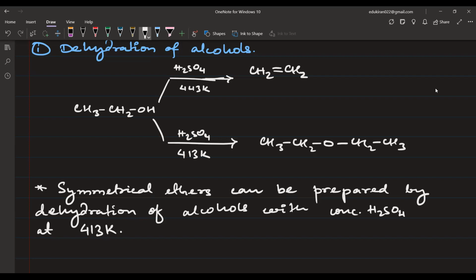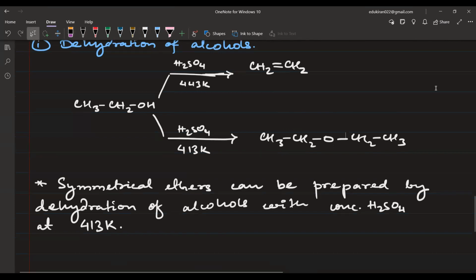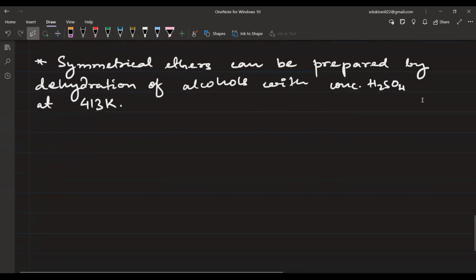Now 413, if it is difficult to remember, please remember 414. I think that will be easier. 414 looks also like ether, right? 4, then in between you have 1, and then again 4. In my 12th standard also, I learned it this way, 414 Kelvin rather than 413. No one will cut your marks if you have just 1 degree here or there on the Kelvin scale. So 414 will also work. There's not much issue. Let us look at the mechanism now.